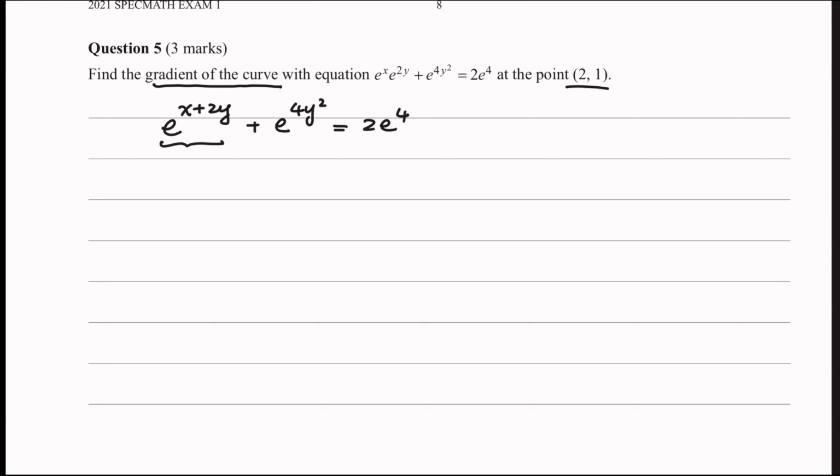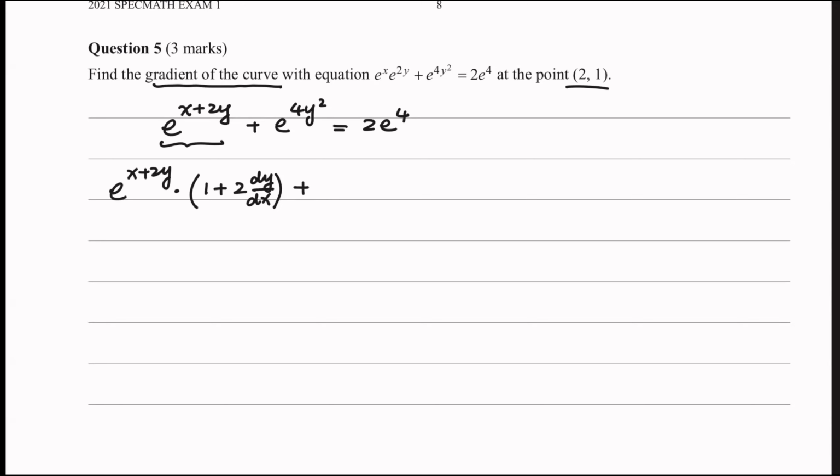Then, to differentiate this, I write e to the power x plus 2y, but I have to multiply the e term by the derivative of the exponent, the inner function. So it's 1 plus 2 dy/dx. x gives me 1, 2y gives me 2 dy/dx.